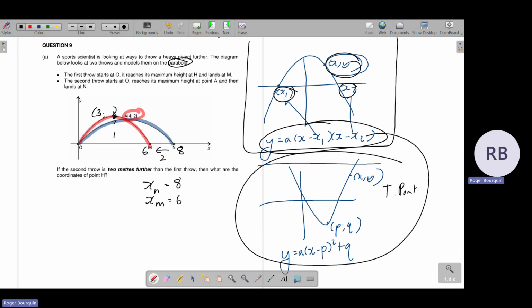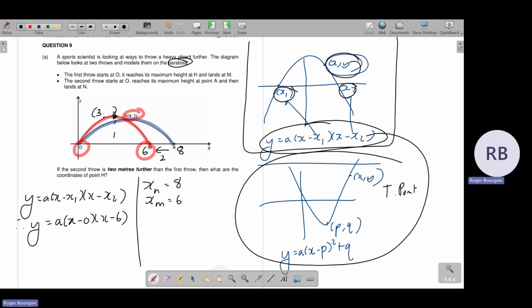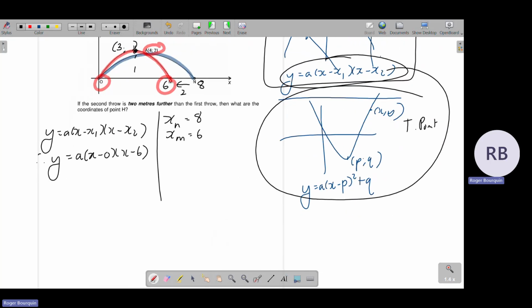In this case we're going to use the first one. The two x-intercepts on the red parabola are 0 and 6, so it becomes y = a(x - 0)(x - 6), which is the same as y = ax(x - 6).